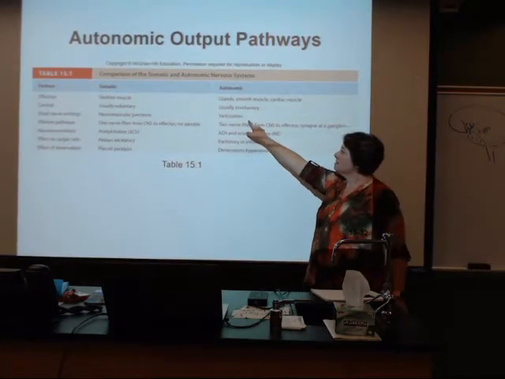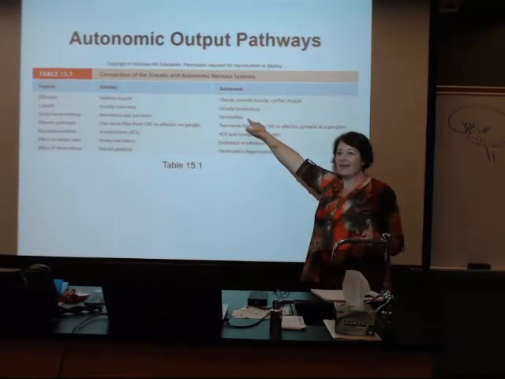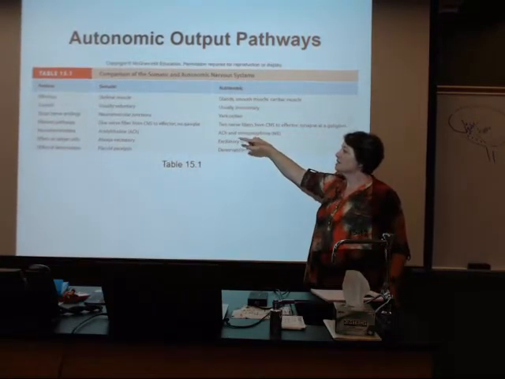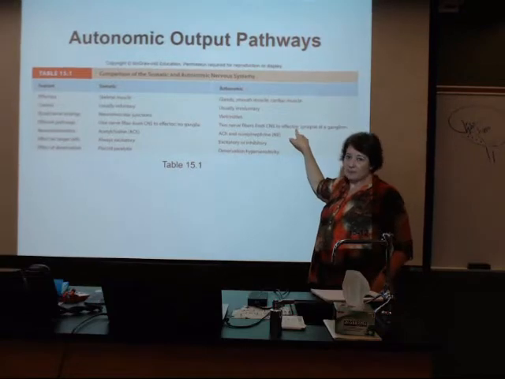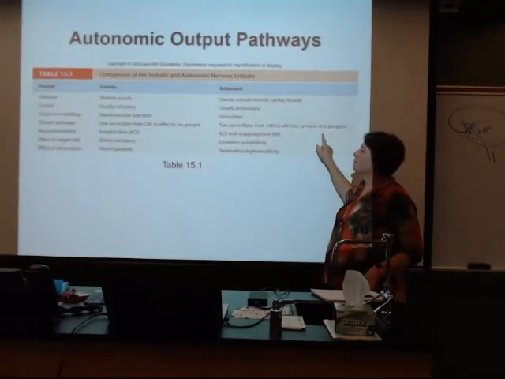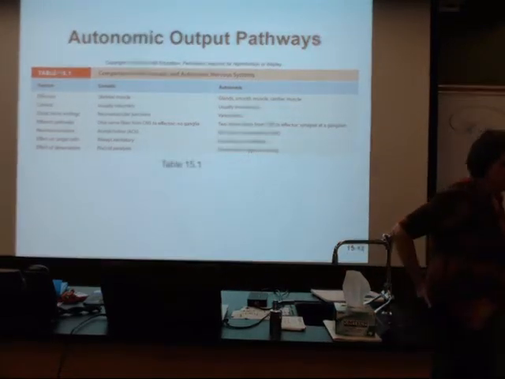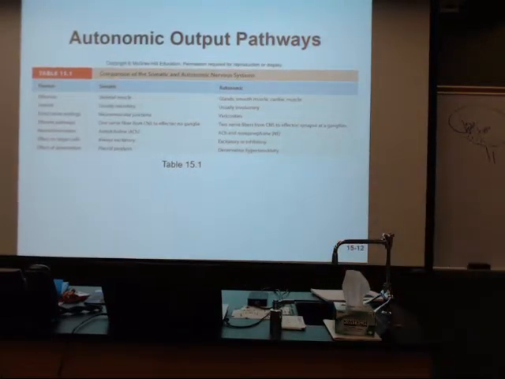Nerve endings have these varicosities that get formed. Efferent pathway, my fibers. Now, look at this right here. Neurotransmitters.